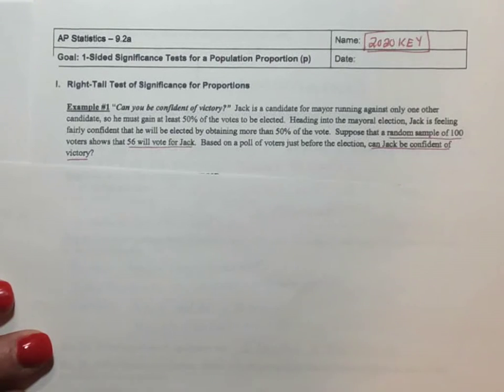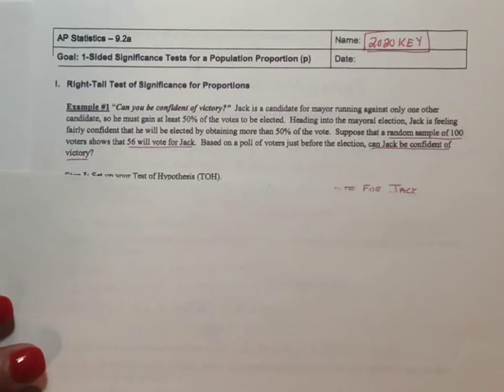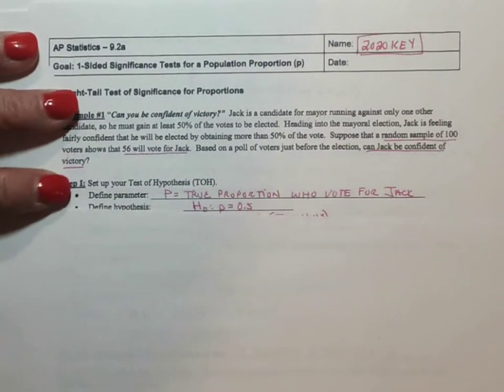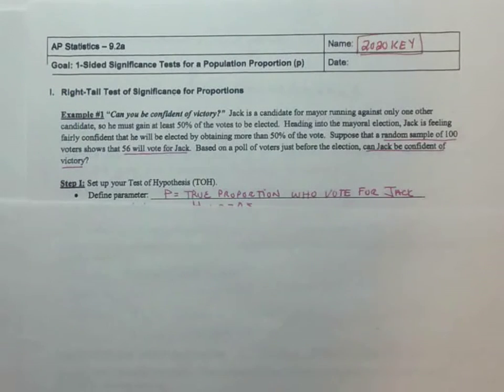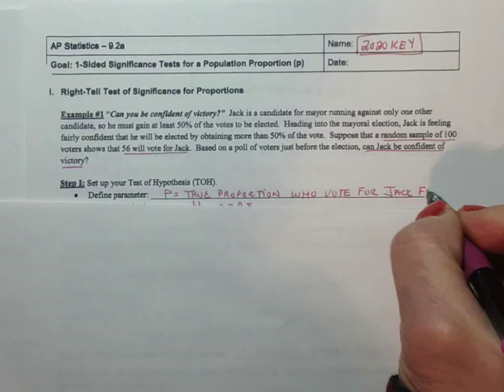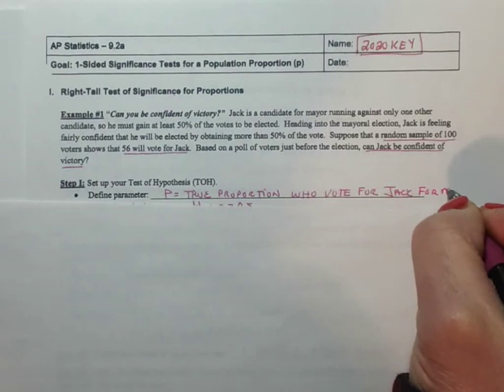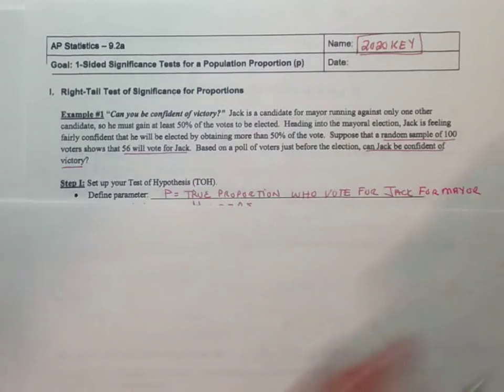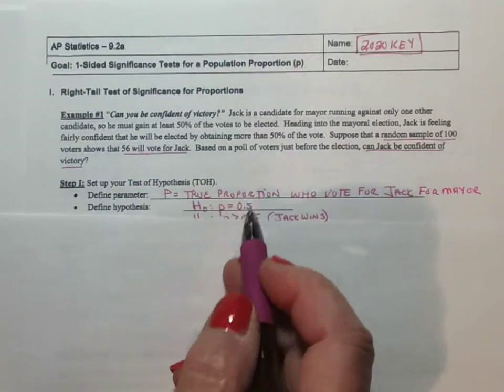So the first thing we have to do, this is a percent, we have to define our parameter. And our parameter is P, the true proportion who vote for Jack, and probably should say for mayor. Our null hypothesis is P is equal to 0.5.